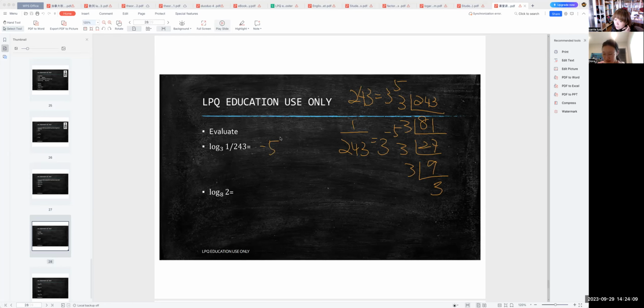Okay, the next one. Logarithm base 8 equals 2. This defies all my previous knowledge. So 8 equals what? 2 times 2 times 2, 2 to the power 3.